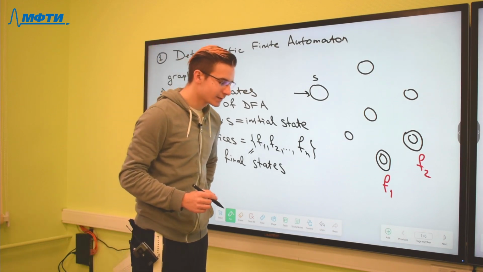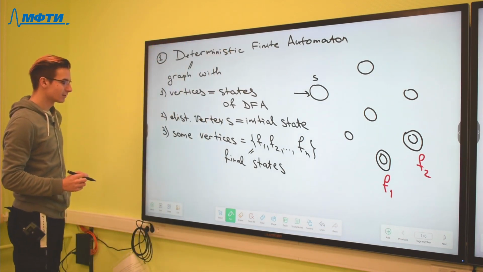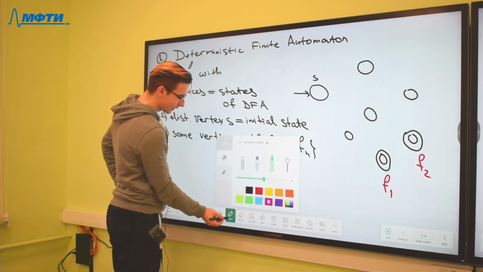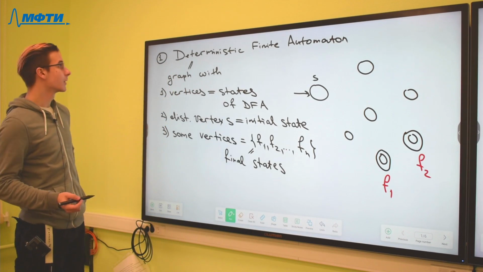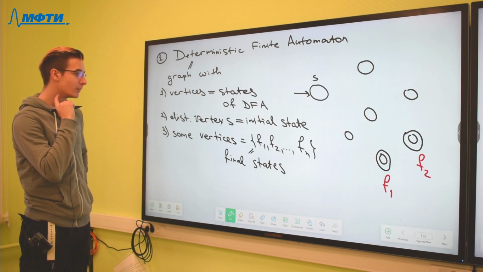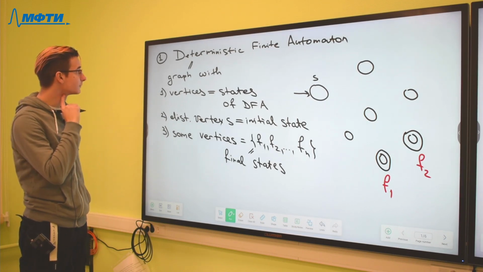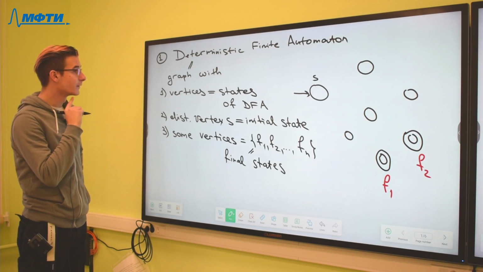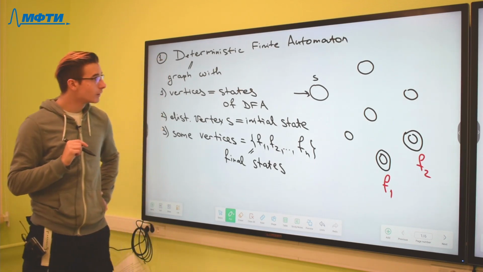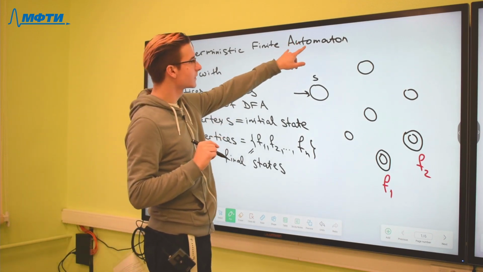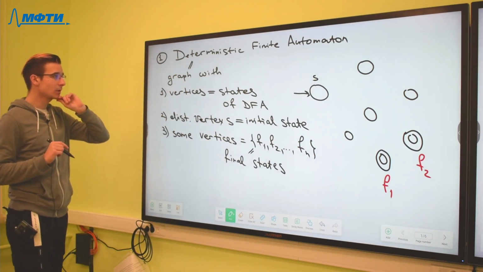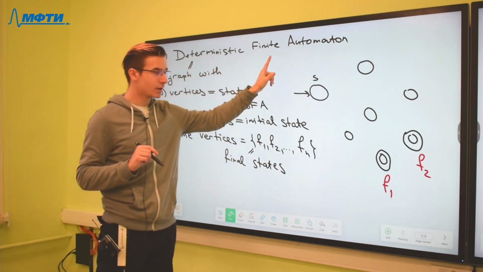And edges are the most important part of this graph, because if we define edges differently from what I now say, we can get different automata, and for example, we talk about non-deterministic finite automaton.